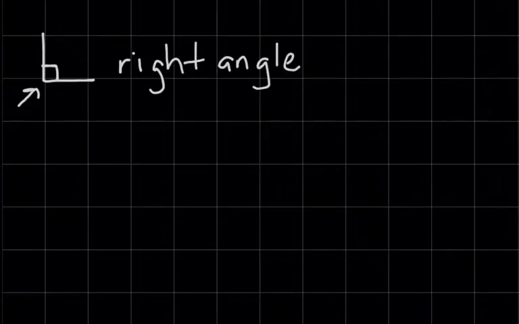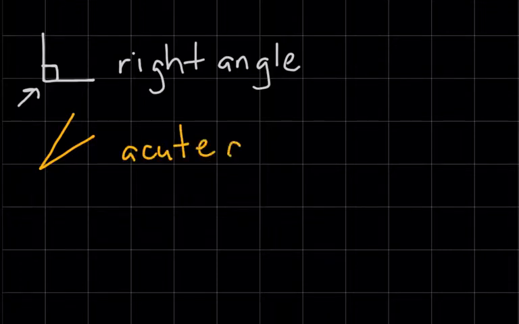Moving on, we're going to do an acute angle. A cute little angle. Notice that it is considerably smaller than a right angle, but it doesn't have to be considerably smaller. It just has to be smaller. I could have done an angle that looks like this.